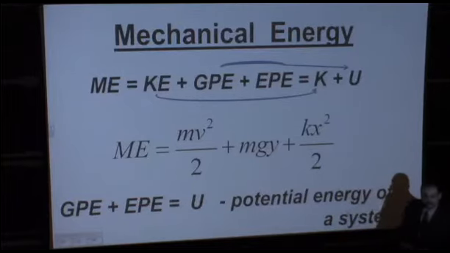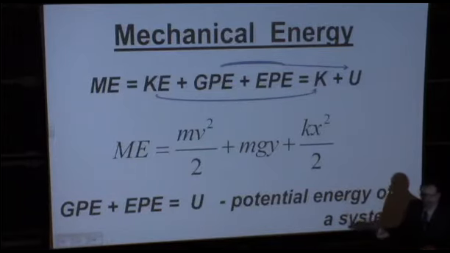The sum of kinetic and potential energy of an object has a name: mechanical energy of an object. Potential energy depends on what's happening. If the string is attached, it is this. Normally, there is also some kind of potential energy related to a location relative to the ground.